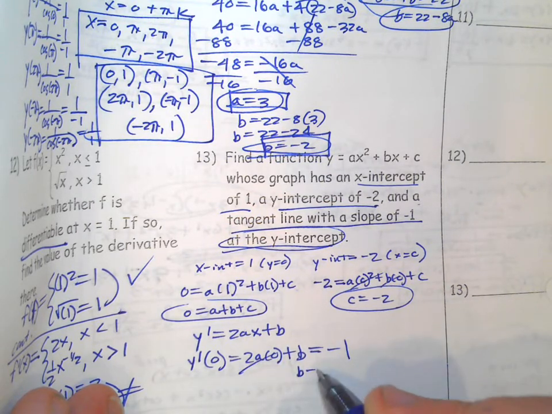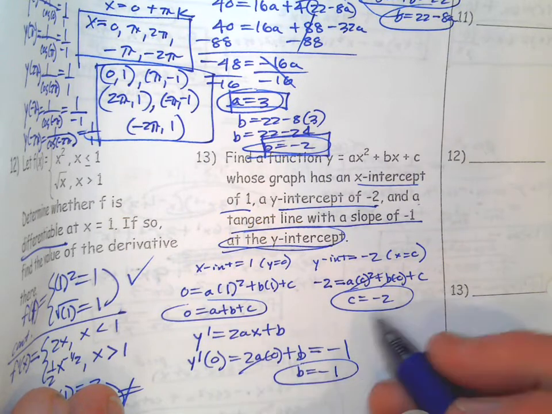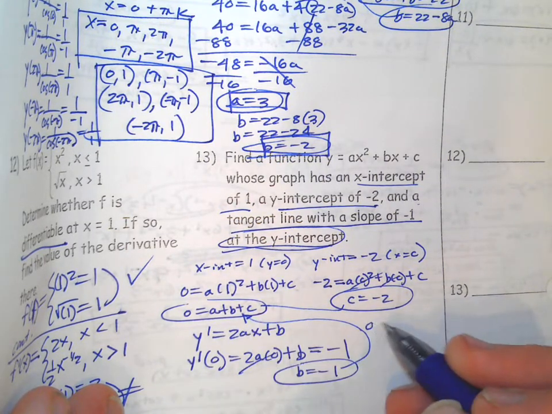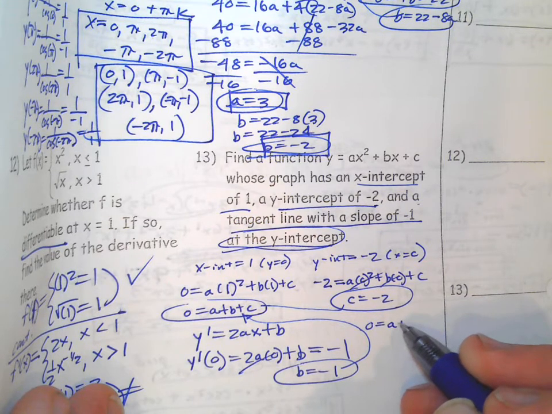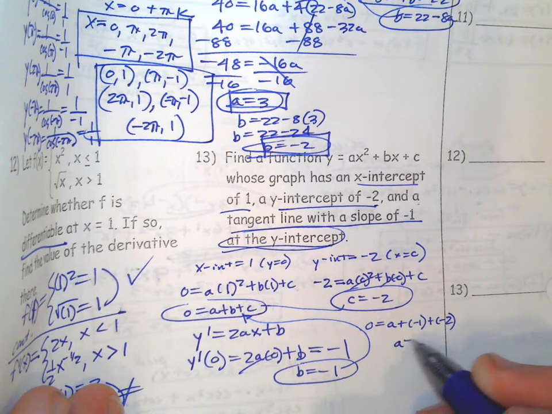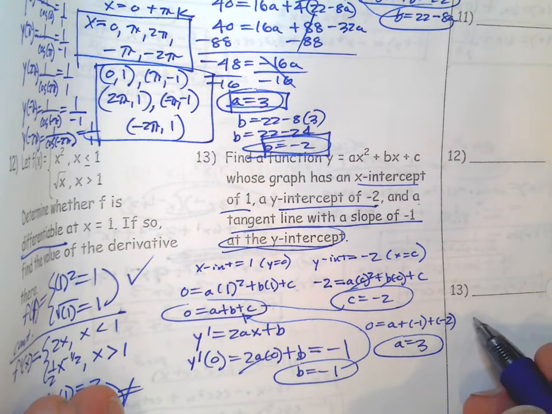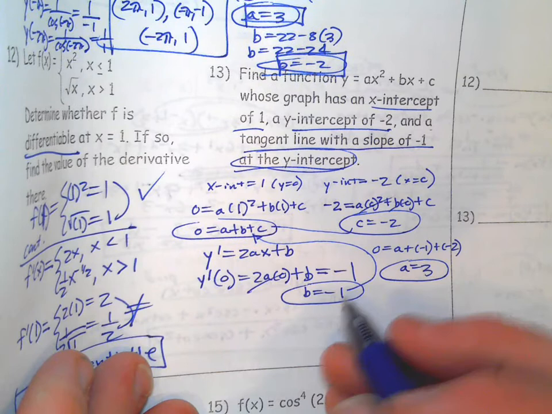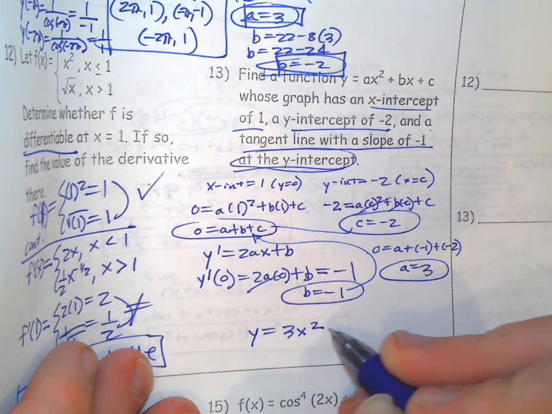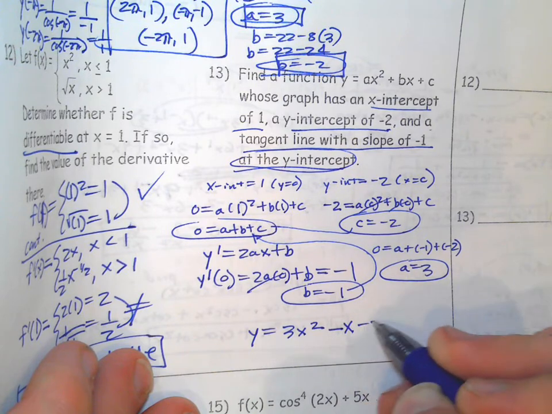So that gives us b equals negative 1. Now we can plug both of these into the first equation to find a: 0 equals a plus negative 1 plus negative 2, so a equals 3. Then our function will be y equals 3x squared minus x minus 2.